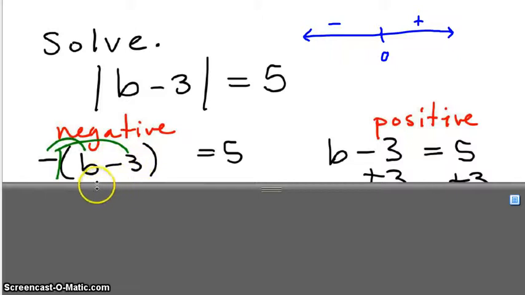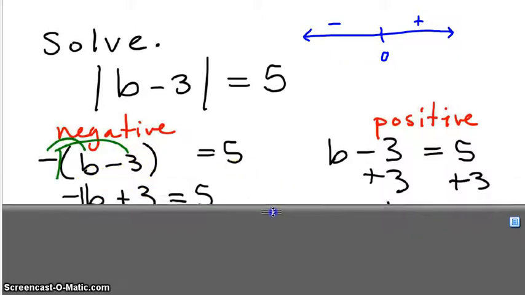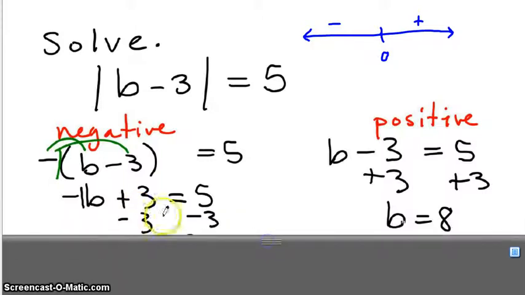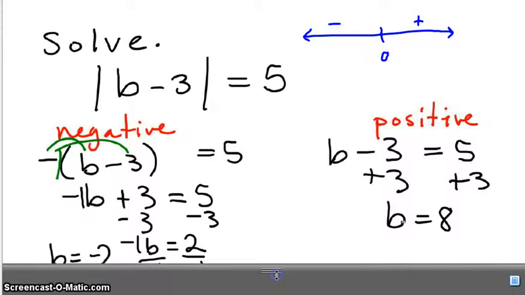I would get something new down here: a -1b, and then -3 times -1 is a +3. Then I go about solving my equation. I need to cancel out this +3 by subtracting, and then I have a -1b left over.